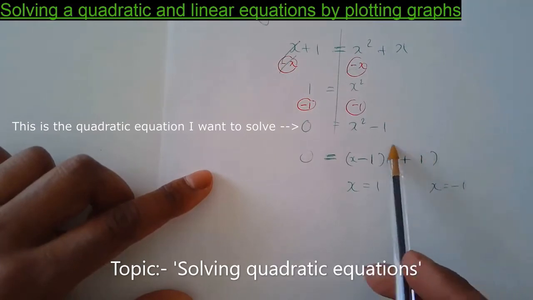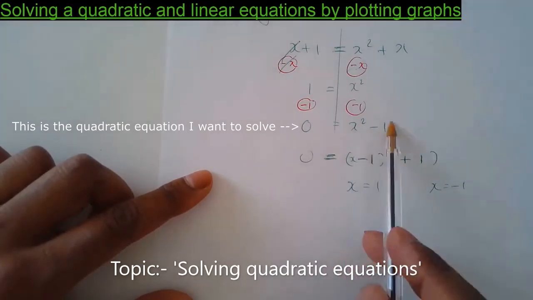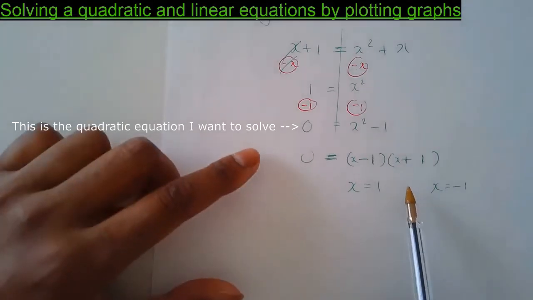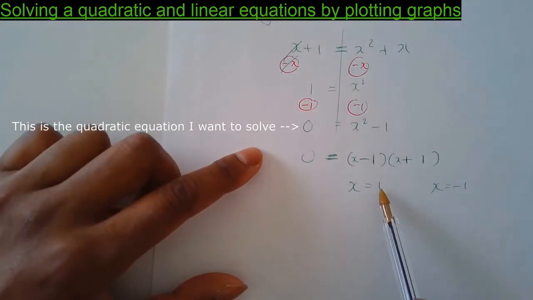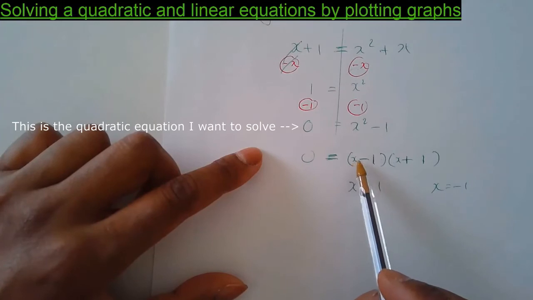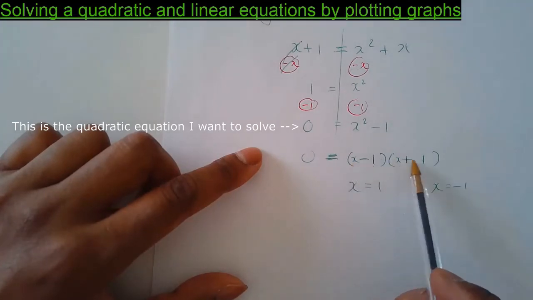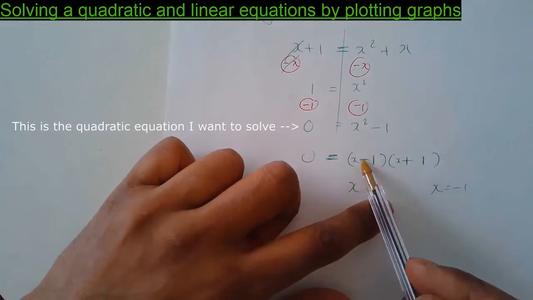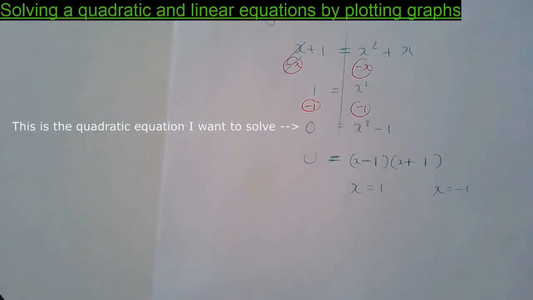Now I have solved equations like this in a previous video, and I've explained that in detail in another video. What I'm trying to say is if you replace the x with 1 over here and here, you'll get 0. And likewise, if you replace the x with -1 here and here, the whole thing will become 0.